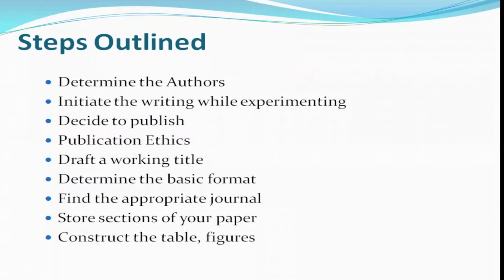So, according to the basic format which has been determined, in the form of, say, introduction or literature review or methodology or maybe results, discussion, and conclusions, you should store the material which is required for each section of your paper. That will help you in writing the whole article in a cogent form.